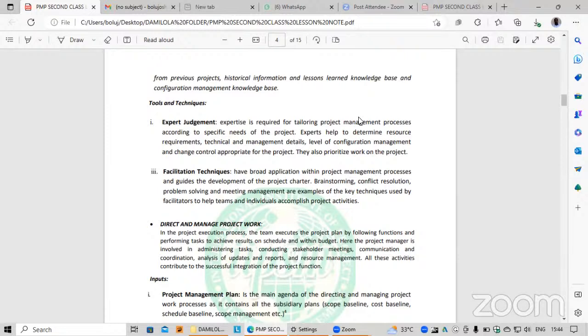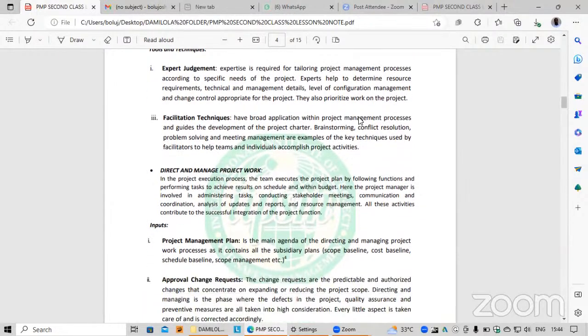So the third logical process is direct and manage project work. This is his duty. Don't forget, if you are handling a project that is not large enough, and you are the only manager in that project, you are to handle all of the knowledge areas to ensure the success of the project, as the case may be.